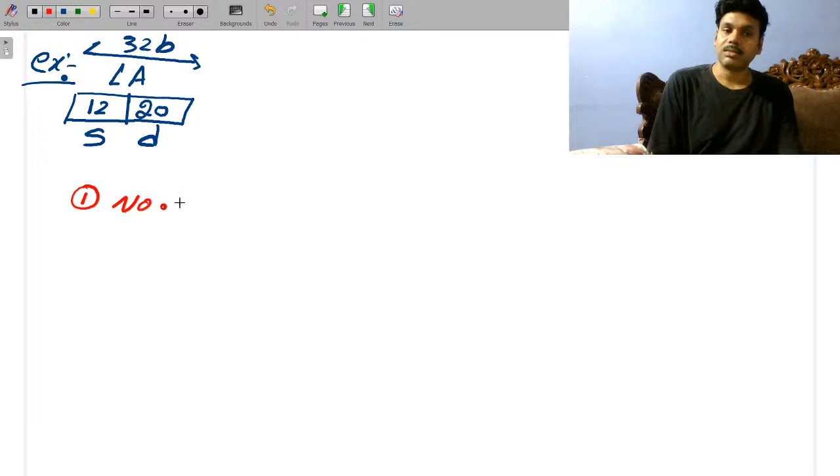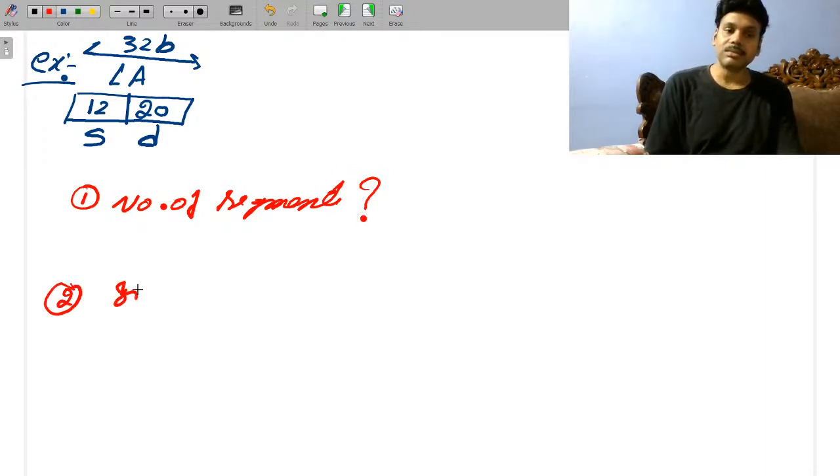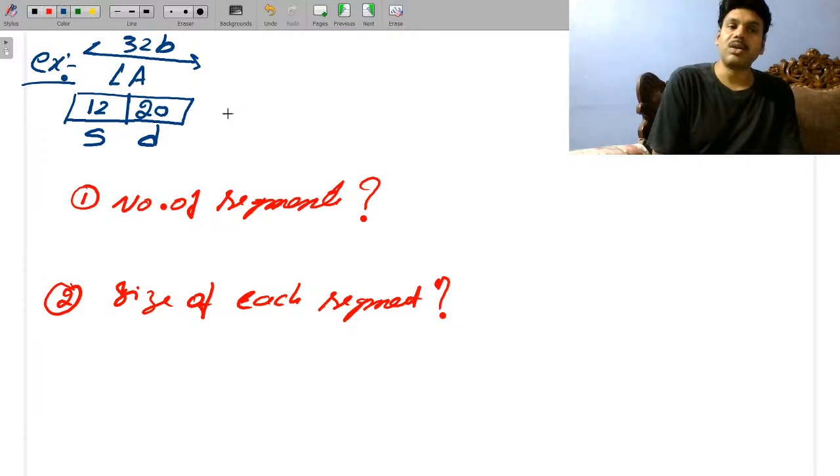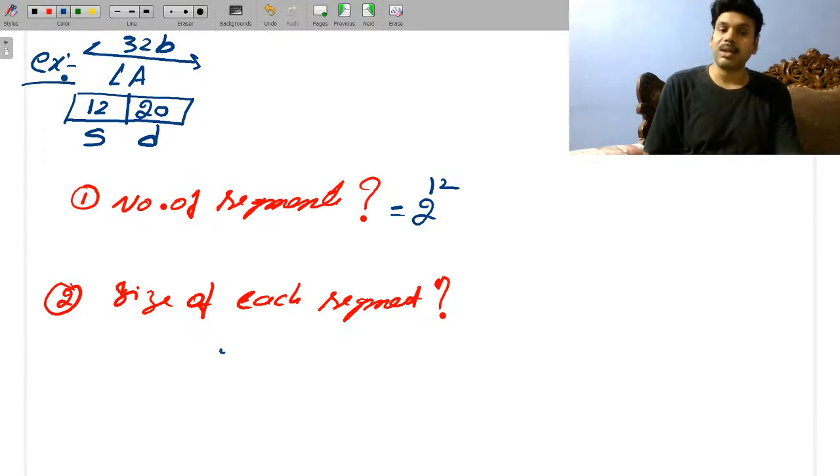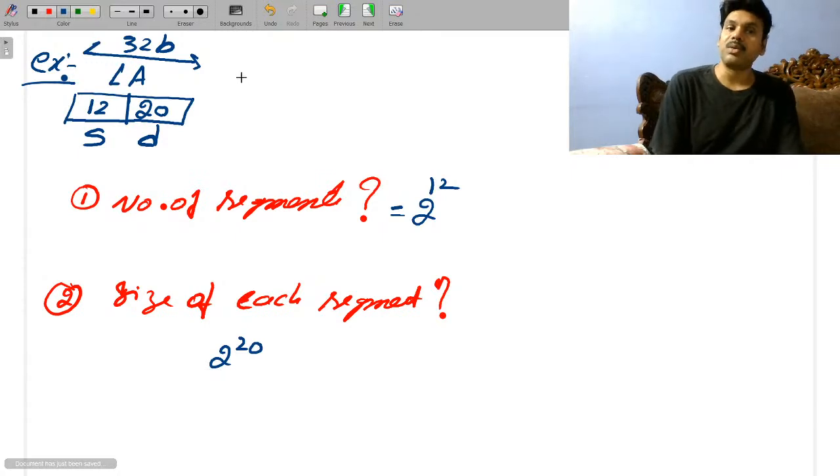First question, the number of segments; and the second question, the size of each segment, which is very important. Your number of segments, as you all know, is 2 power 12 segments, and the size of a segment is 2 power 20. So friends, if I give you one more, that is the page entry size, here page entry size is nothing but segment entry size only.